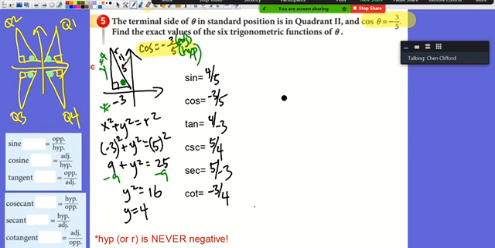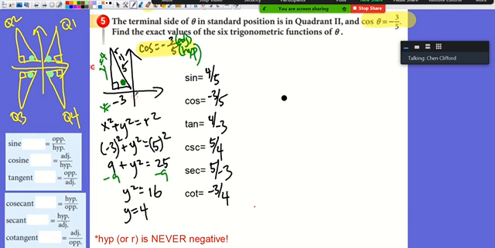The negative can never be with the hypotenuse. It is always with either the x or the y. With what's given to us, 5, since it's r, it cannot be negative, so the negative must go with the 3.